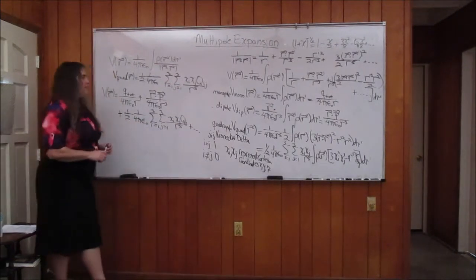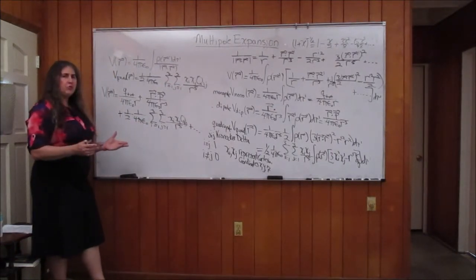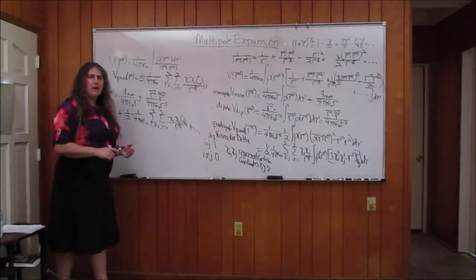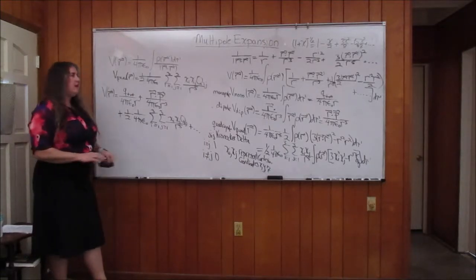Okay, so let's answer the question, what terms do drop out if the system presents azimuthal symmetry?